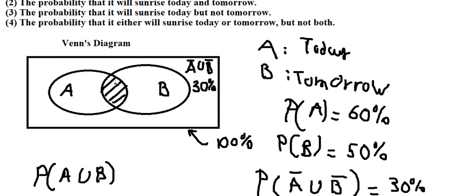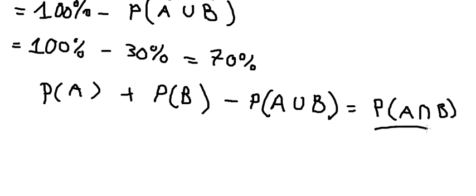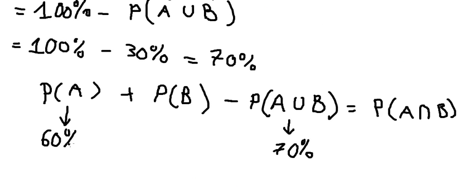So, we want to find this one in here. We know this one is about 70%. This one we have 60%. This one we have 50%.